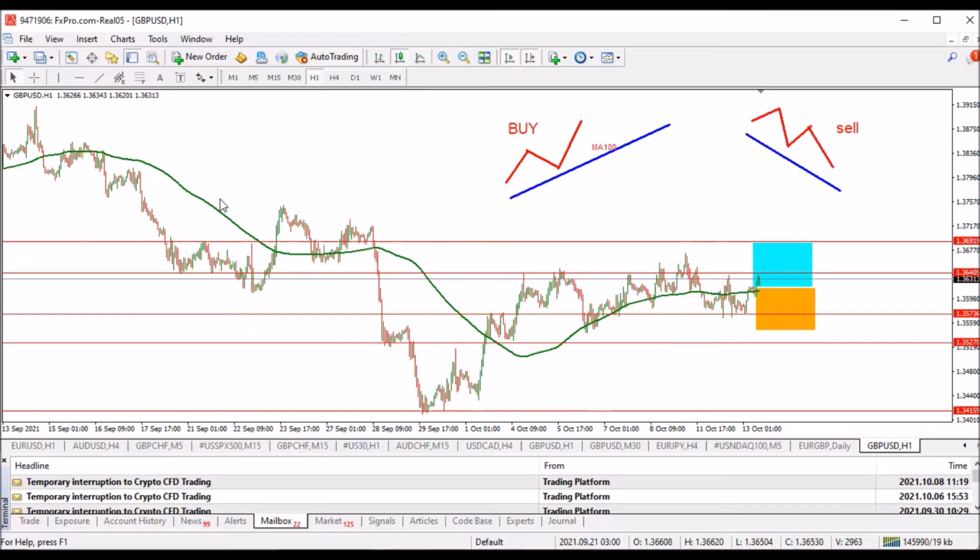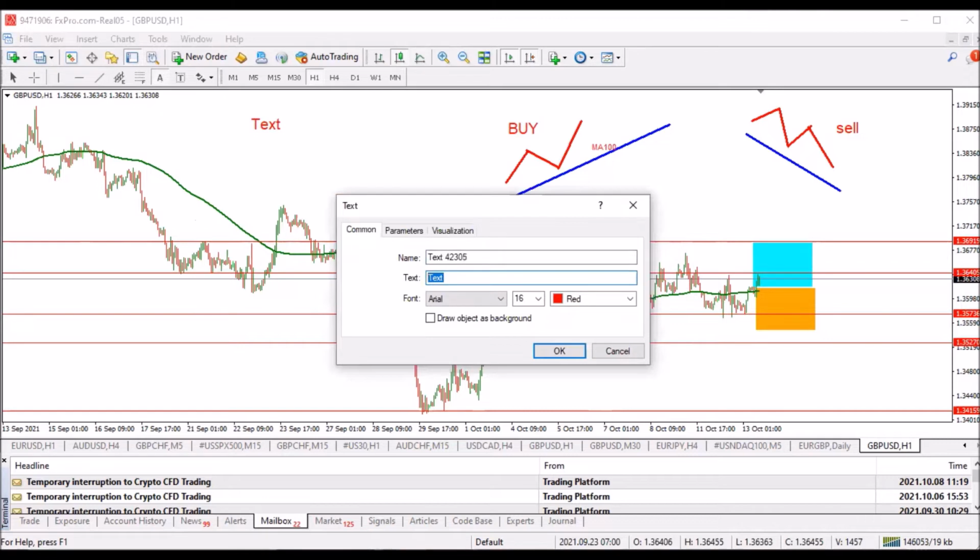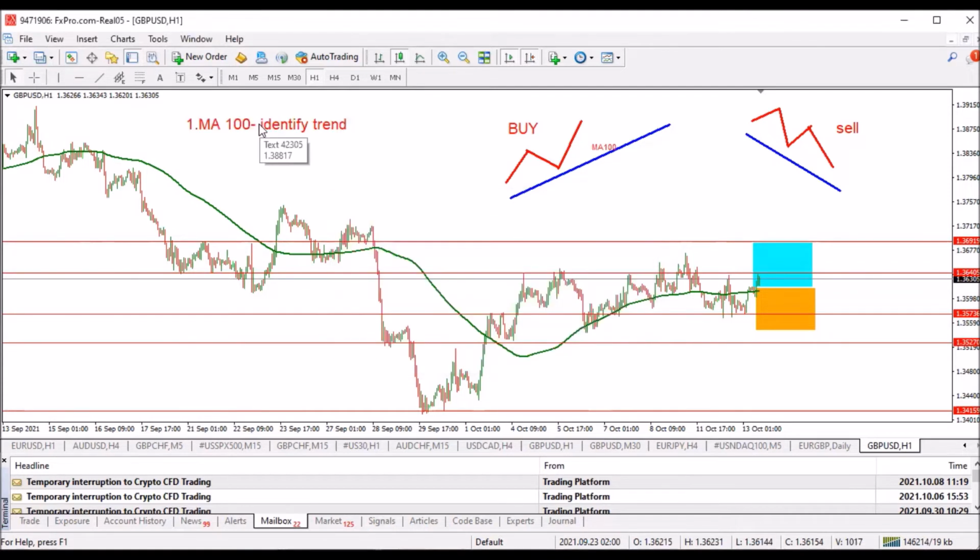Okay, so yeah, this was just a false break. Yeah, but here now you can see, even if you missed this, here it's buy, again it's buy. Okay, I'll just list the steps here. So the first step, obviously open your chart. So open chart GBP, and then put your MA if you can't, and then that's the first step.